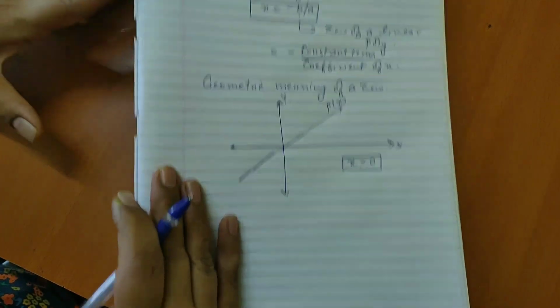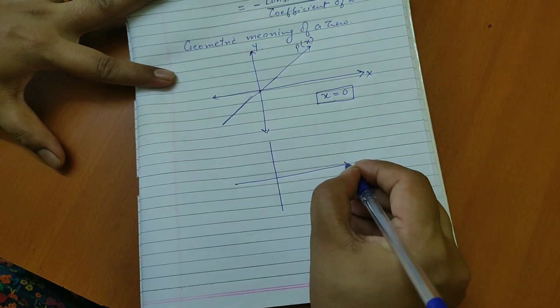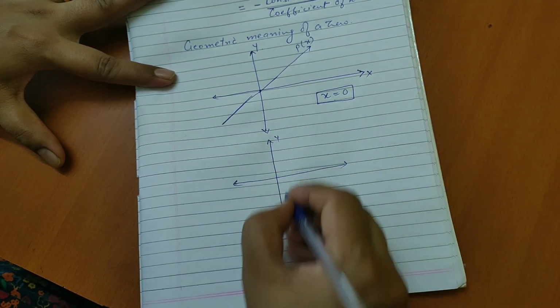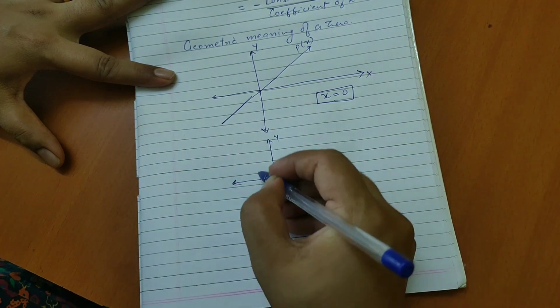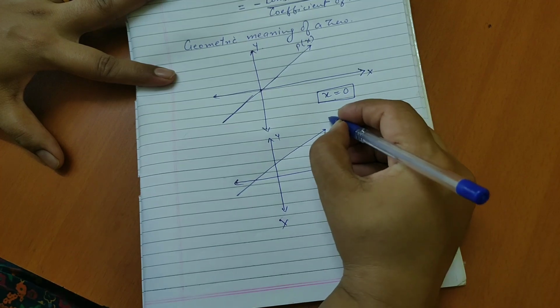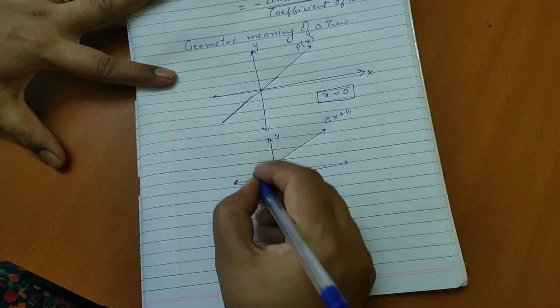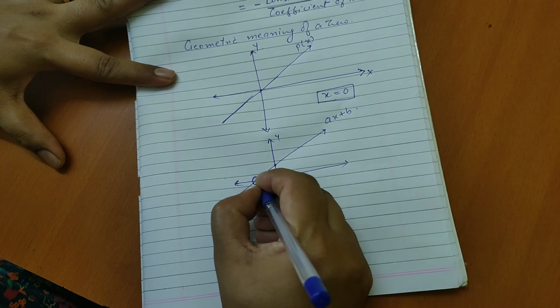If we have another polynomial and we plot it, and it passes like this. This is ax plus b. So this is the value.